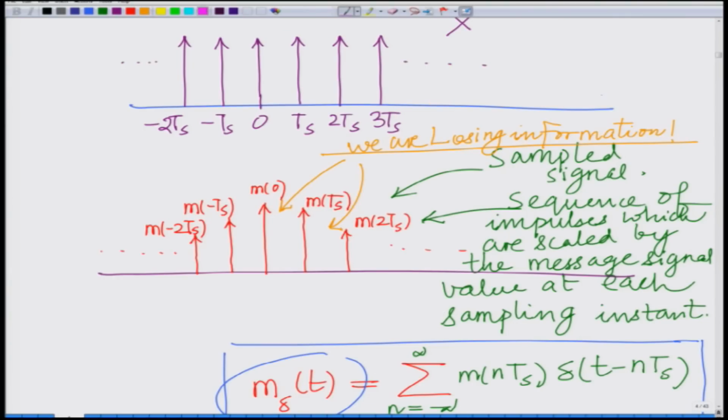This can lead to distortion. If you are not able to recover all the information from the signal, that is, information has been lost, then this can lead to distortion.